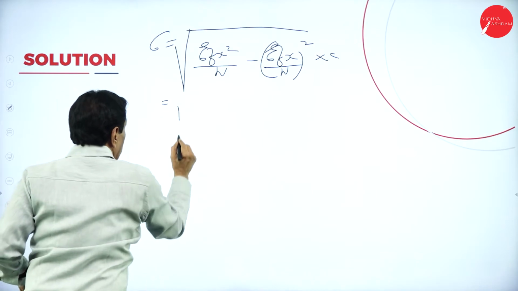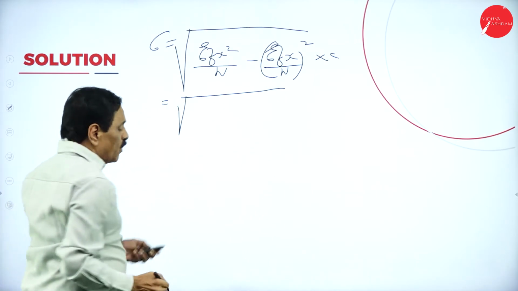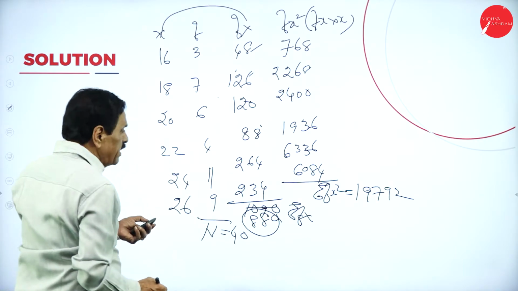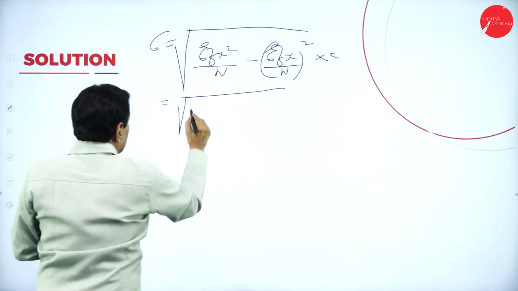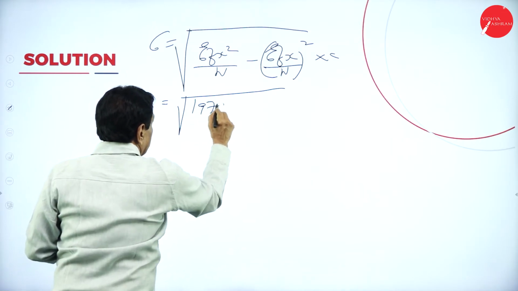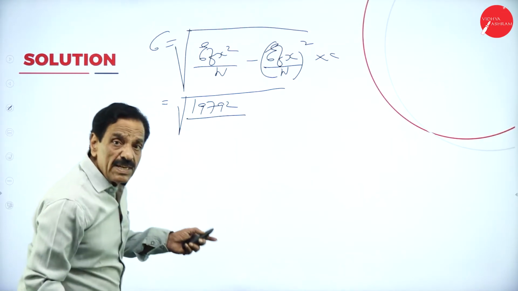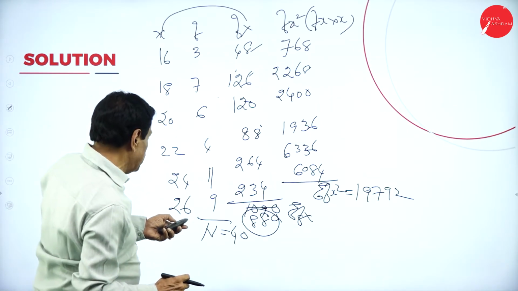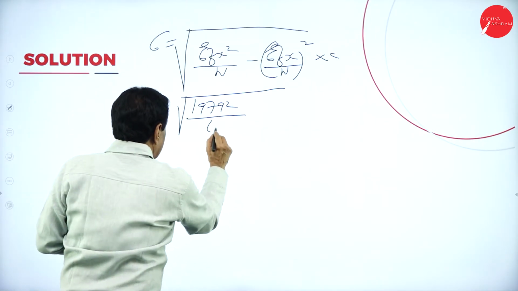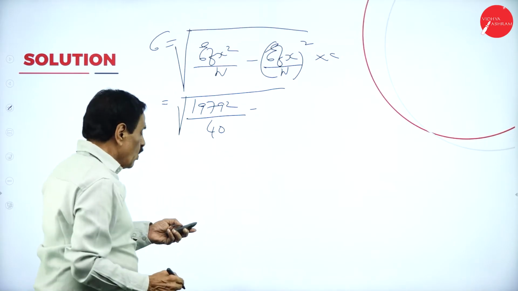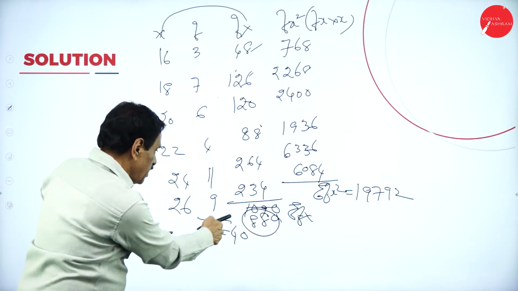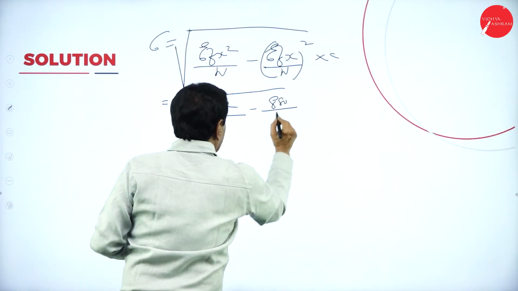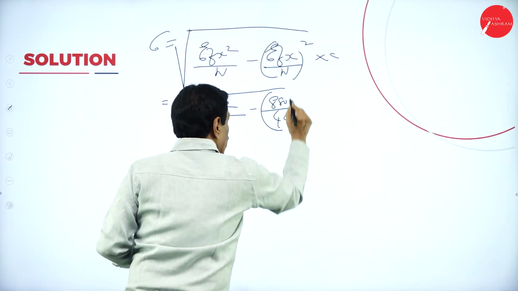Sigma fx square is 19,792. The number of frequency n is 40. Minus sigma fx, 880, divided by 40 whole square.